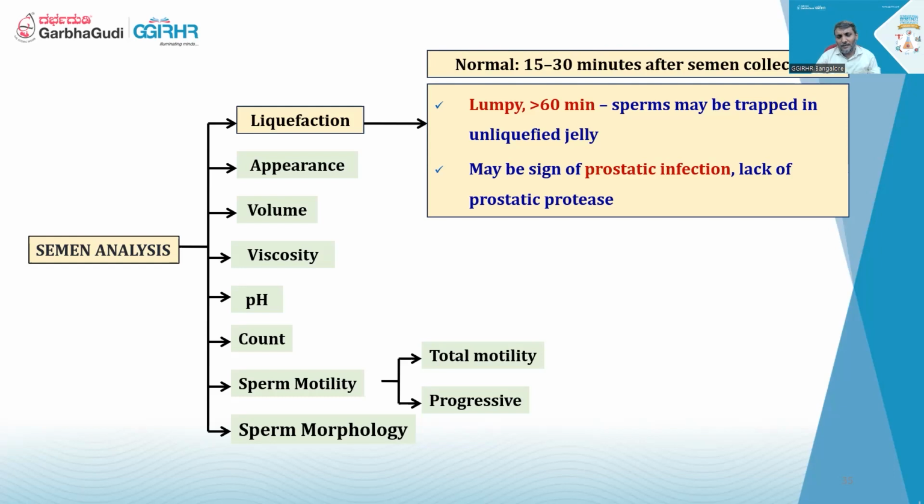The sperm can be trapped in the clotted semen sample, and you may give a false positive report, telling that the sperms are immotile, because the sperms are actually trapped. So it is very important to break the clot. The liquefaction time can exceed more than 60 minutes only if there is prostatic gland infection.